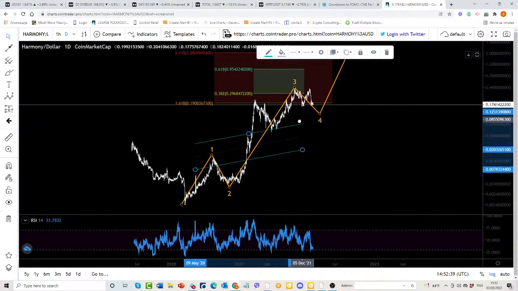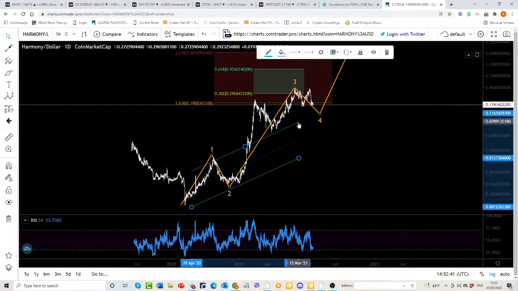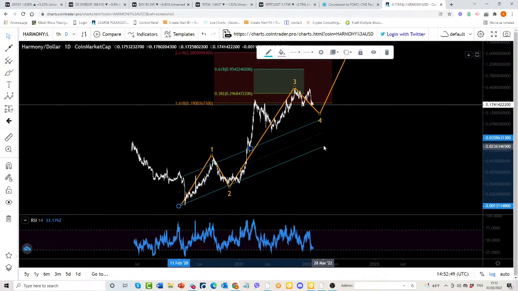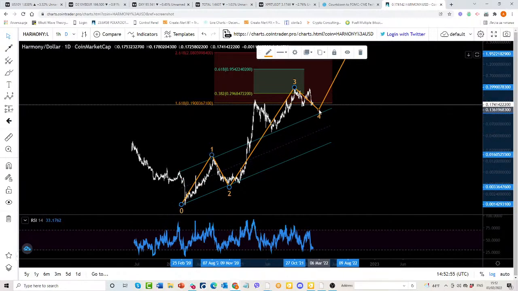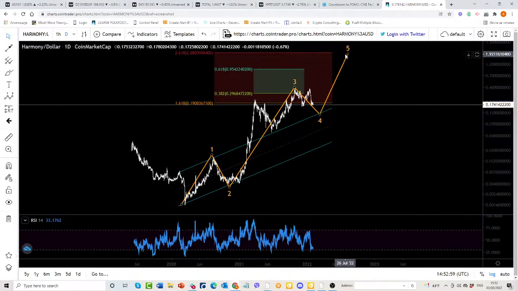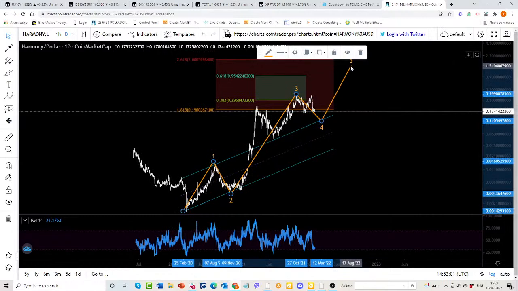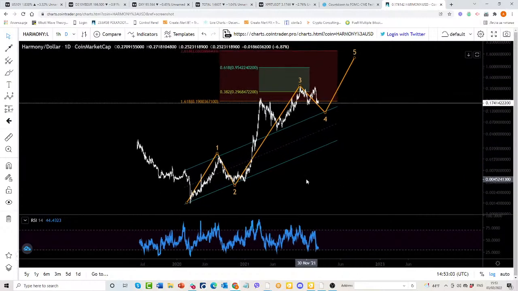This base channel support might also give you a clue, and the RSI on daily should actually continue to go sideways a little bit, so around 0.11 or a little bit higher. So I will be watching what Harmony will do at those levels. Okay.